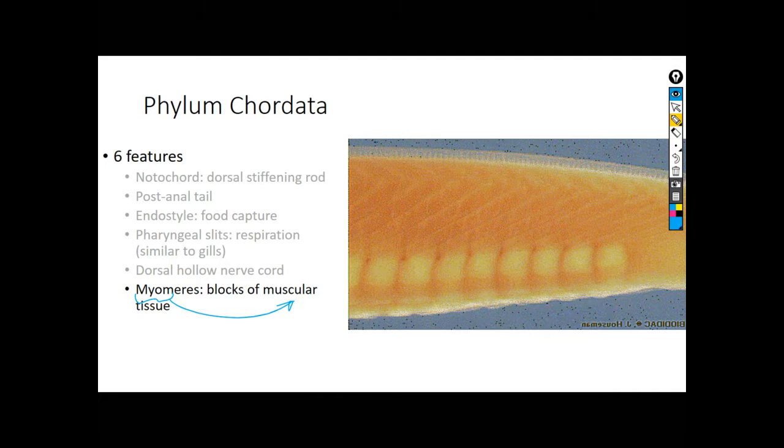If we're picturing a worm or a jellyfish, there's really not much to speak of there. Does that mean they're not successful? No. But a lot of this goes back to having that notochord. Having a stiffening feature in an organism gives something for muscles to attach to.